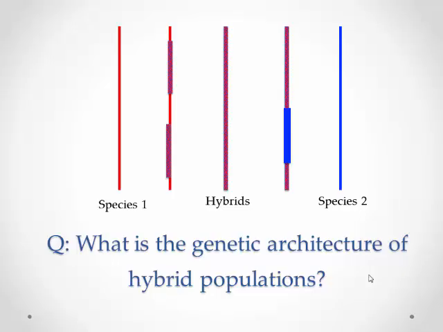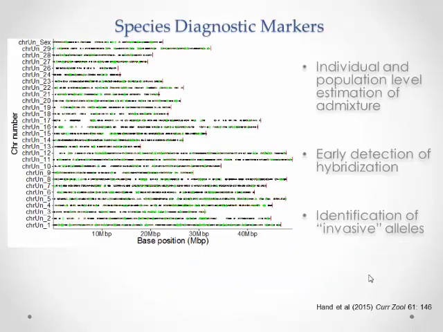We get many more data for these questions. To look at the genetic architecture, we're developing species diagnostic markers. So this allows individual and population level admixture. We can perform early detection of hybridization and identify those invasive alleles, where invasive alleles are just the parental alleles that have really high fitness.